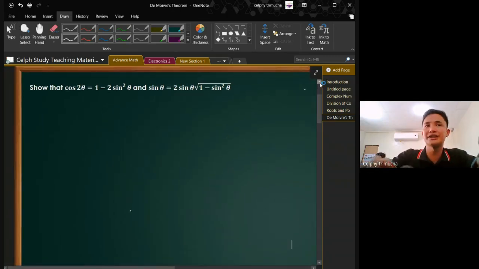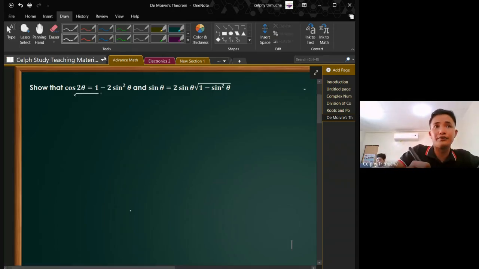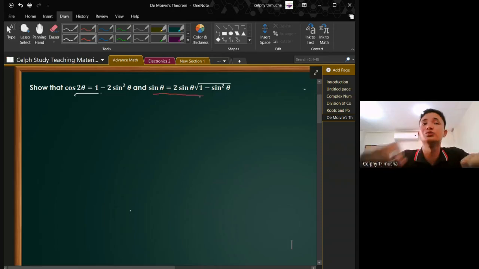Balik kita sa proving of identities. So, cosine 2 theta equals 1 minus 2 sine squared theta. So, i-prove ni naton ang ating equation. Then, prove taman nga equal ni ang ining equation, sine 2 theta equals 2 sine theta times square root of 1 minus sine squared theta.